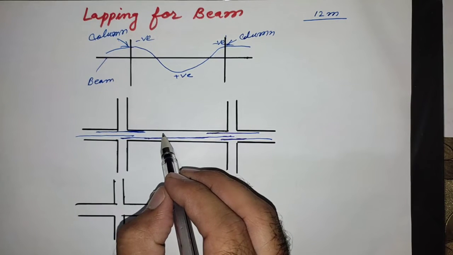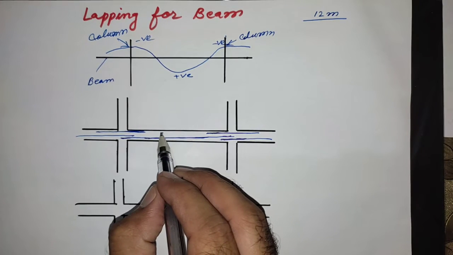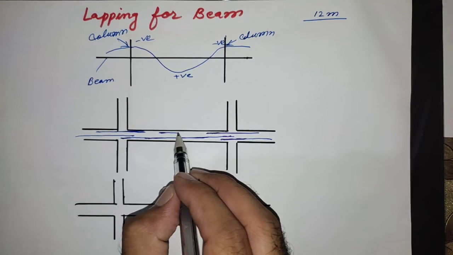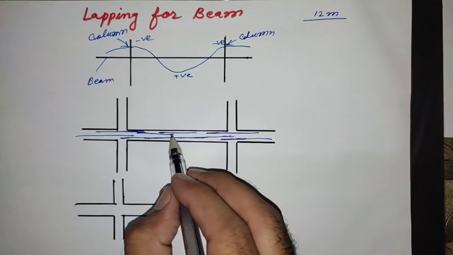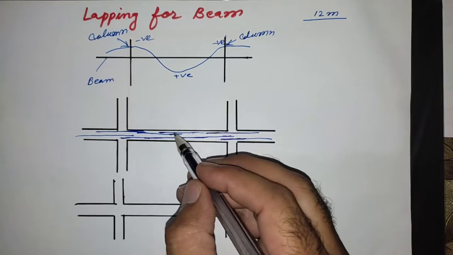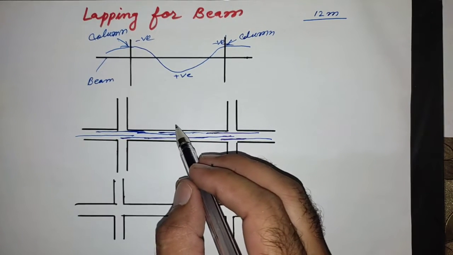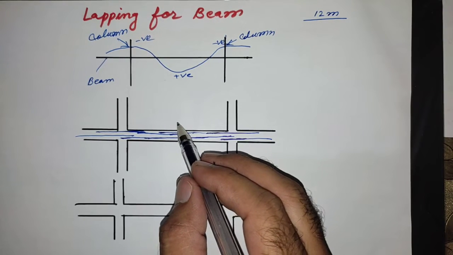Here in the middle portion we will provide overlapping in this area, because here bending moment is zero, minimum bending moment.